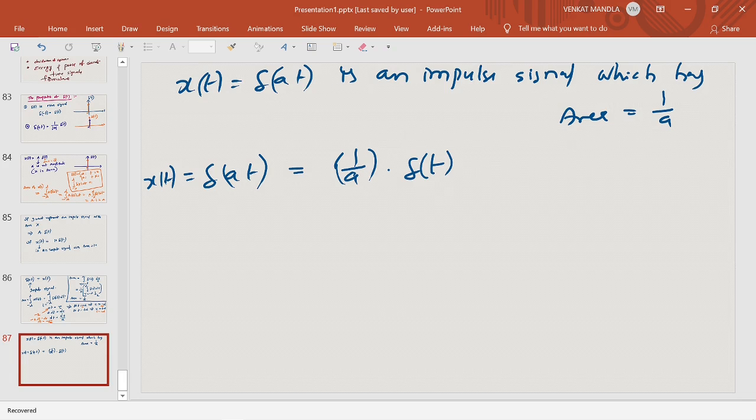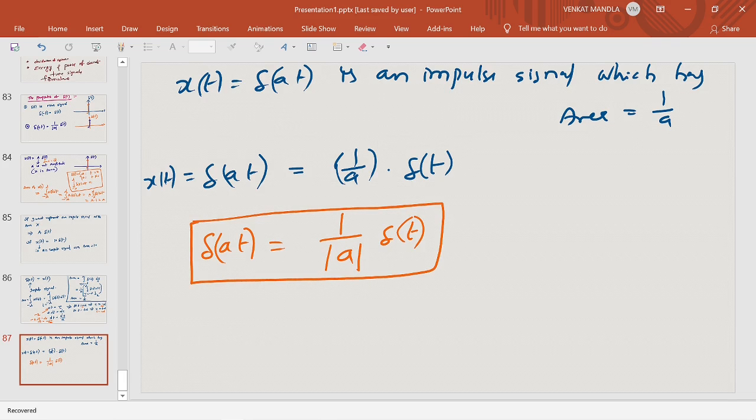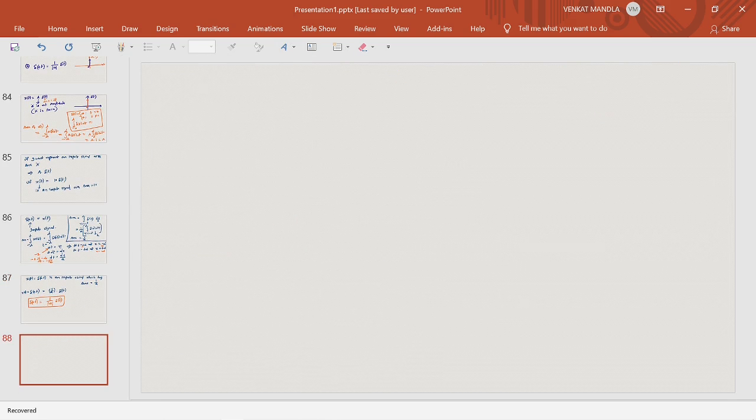That is why I am writing del of at this way: in both cases you get positive, whether a is negative or positive. That is why I am putting mod a with del of t. Otherwise, you can write it from the property of even symmetry, because del of minus at equals del of at only.